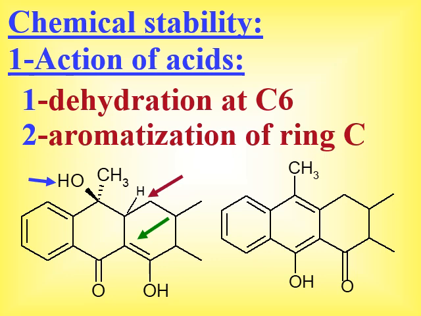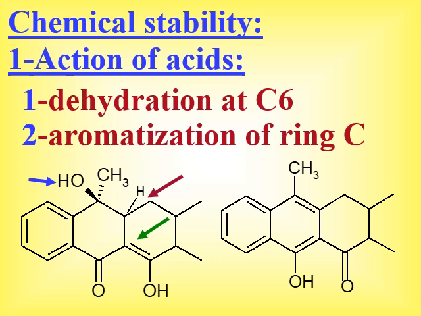They undergo dehydration at C6, then aromatization of ring C. As we see here, the OH at carbon number 6 will be removed, shown by the blue arrow, by the proton at 5A, shown by the red arrow. It will release water.